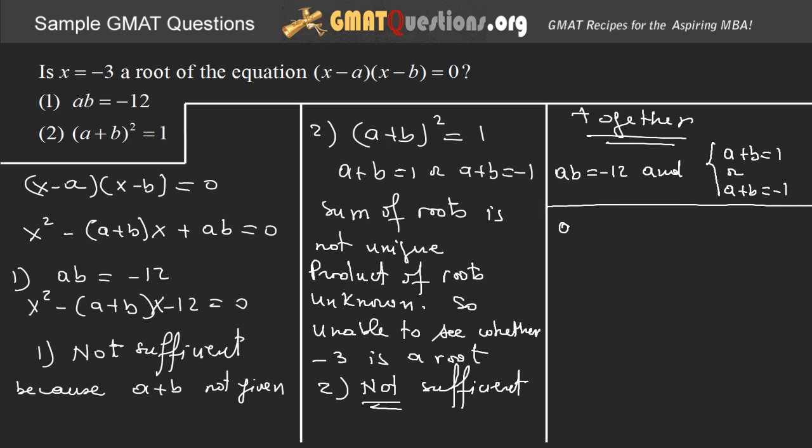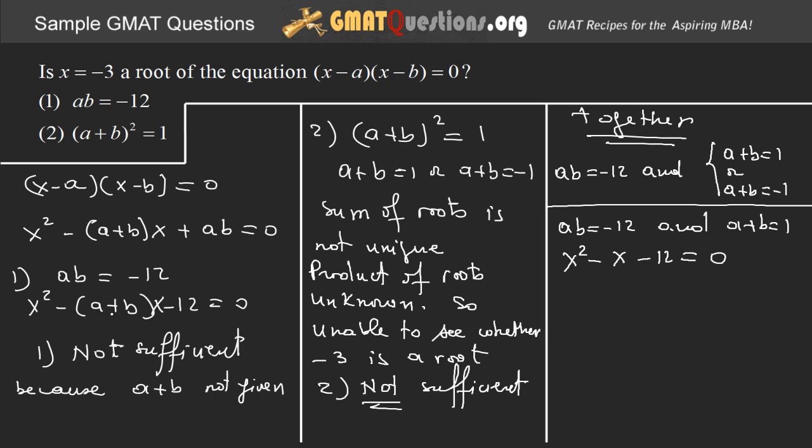In the case ab equal negative 12 and a plus b equal 1, the equation is going to look like x squared minus 1x, which is x, minus 12 equals 0.